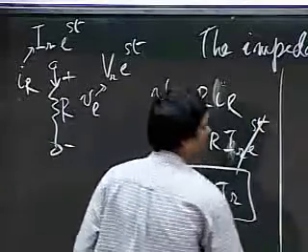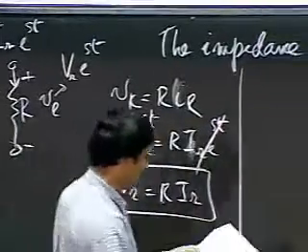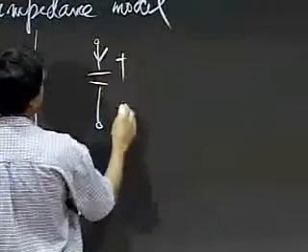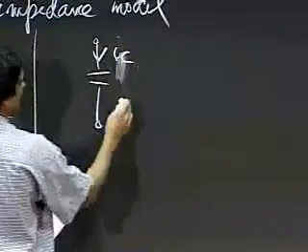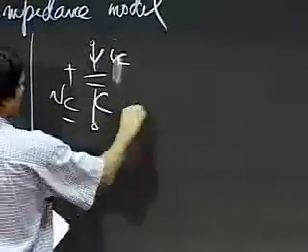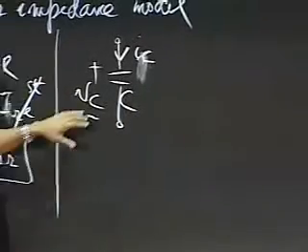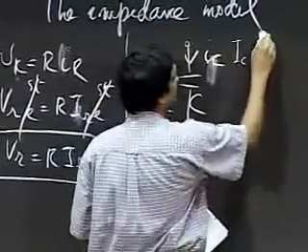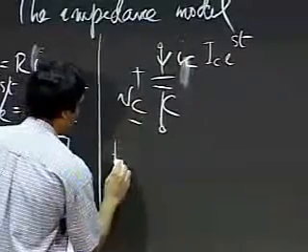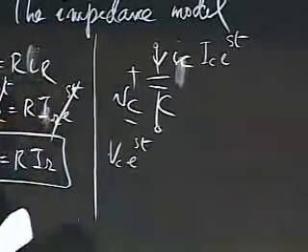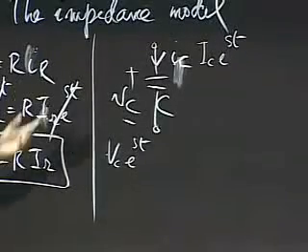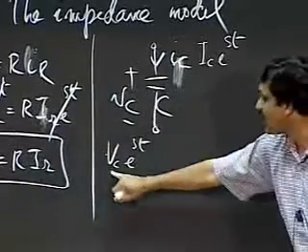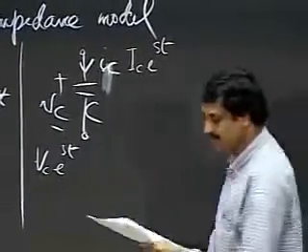That's interesting. Now let's look at the capacitor. Some current IC flows through it, and a voltage VC. Let's say the current is IC e to the ST, and the voltage is VC e to the ST. Let's plug these into the element law for the capacitor and see if we can find a way of relating VC and IC.